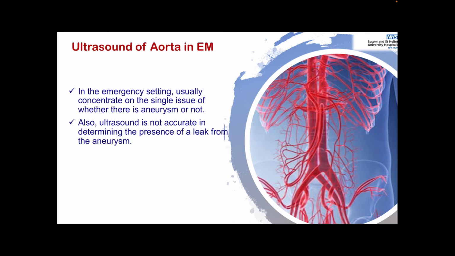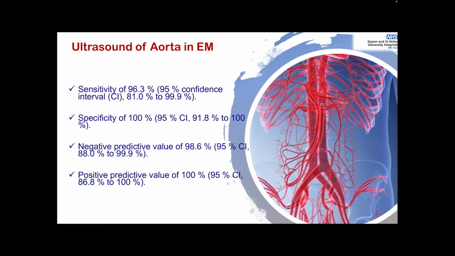So we have to be binary in our decision. The other important point is that ultrasound scan is not accurate in determining the presence of a leak of the aneurysm, so we need to do further investigations for some of the patients.